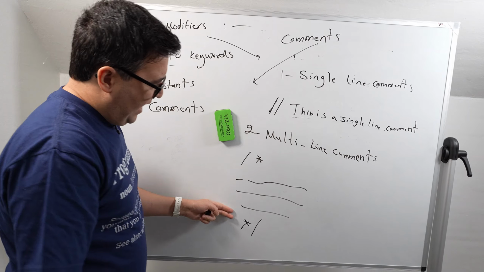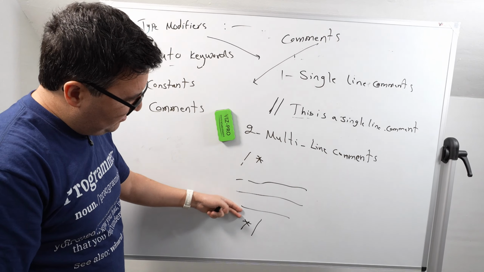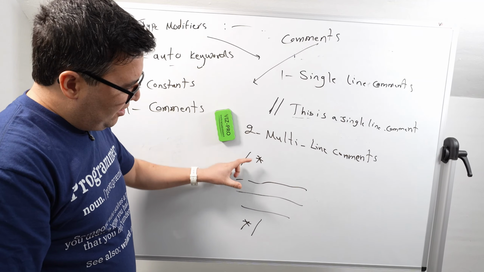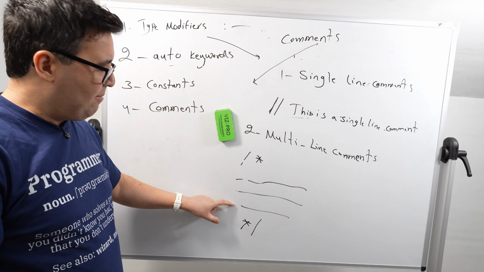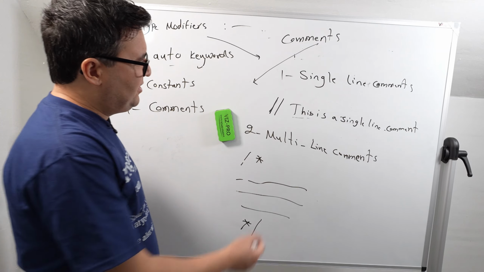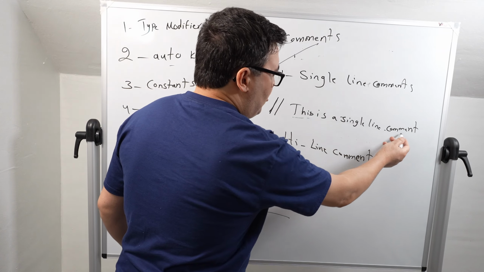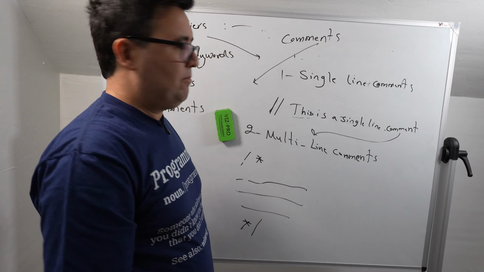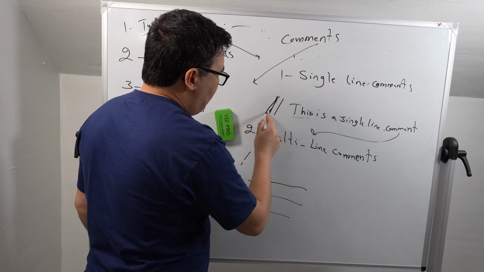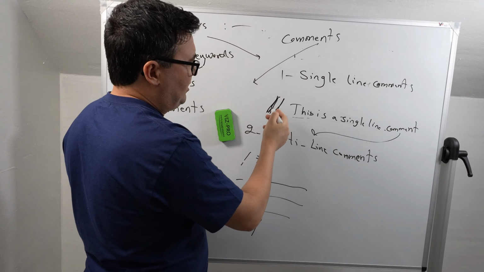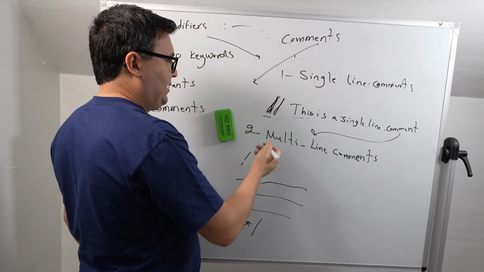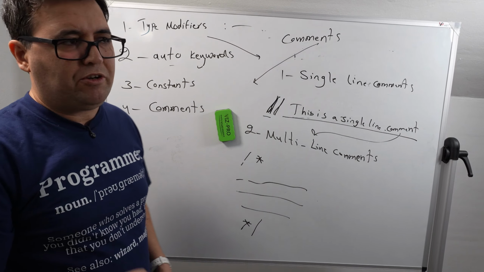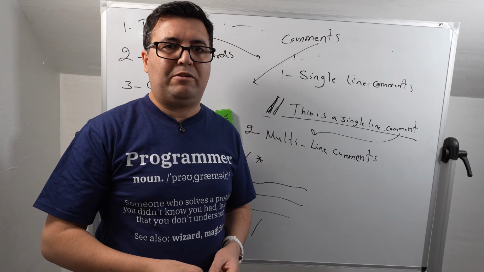Anything you put inside forward slash star and star forward slash will be considered a comment, and the compiler will not execute it. And the single line comment is different, because if you continue the statement to the next line, it will generate an error. The double forward slash tells the compiler that this is a single line comment, and the compiler will not execute until the end of the line. After that, if you continue your comment, it will be an error.